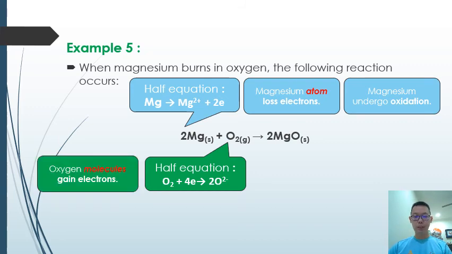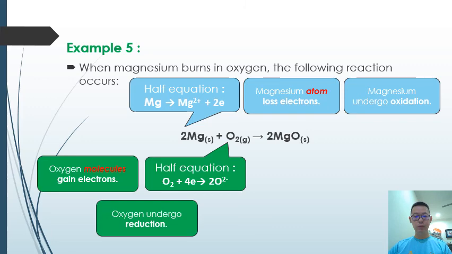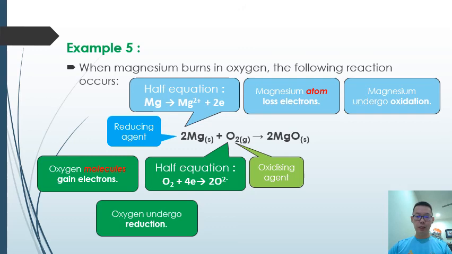So oxygen undergoes reduction. Magnesium here acts as a reducing agent because magnesium causes oxygen to undergo reduction. On the other hand, oxygen acts as an oxidizing agent because oxygen causes magnesium to undergo oxidation. This reaction is an example of a redox reaction.